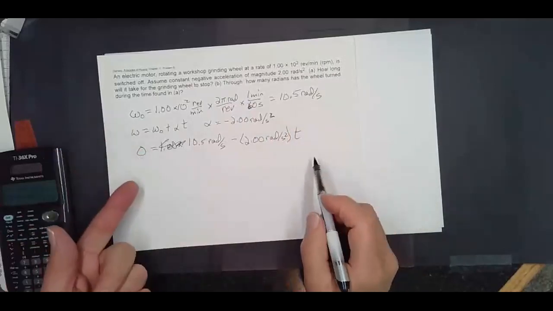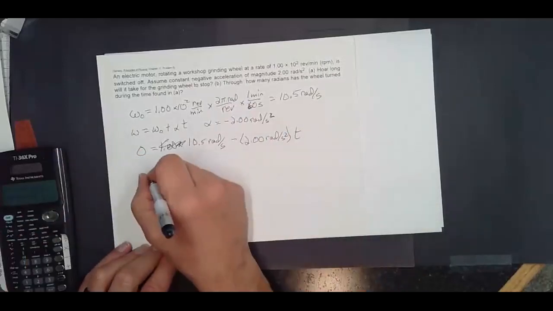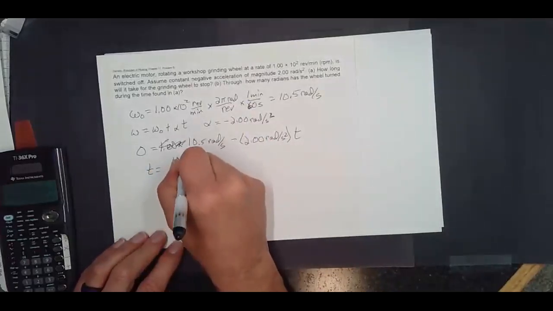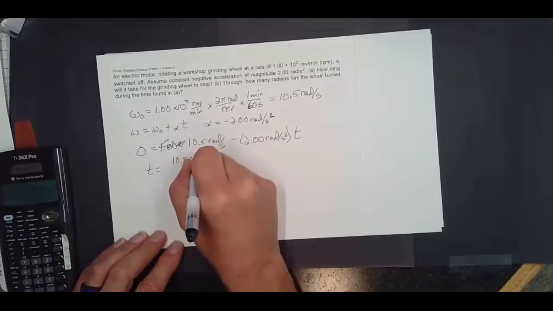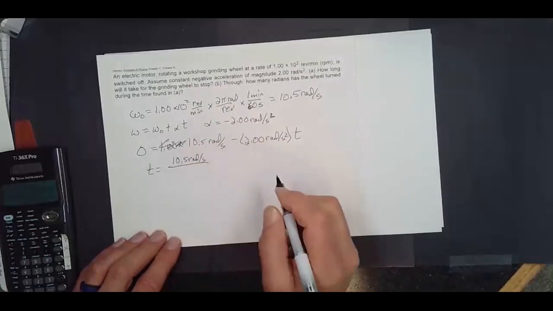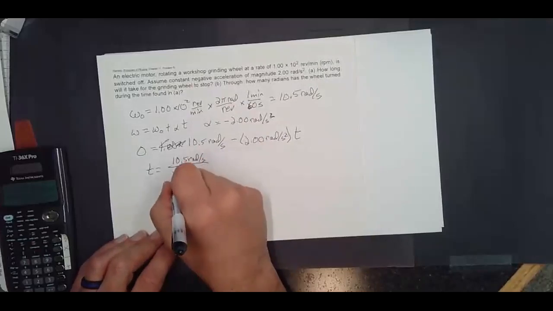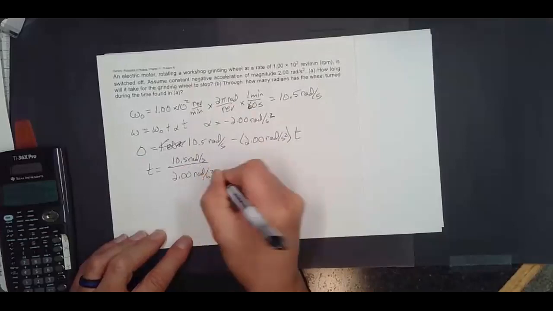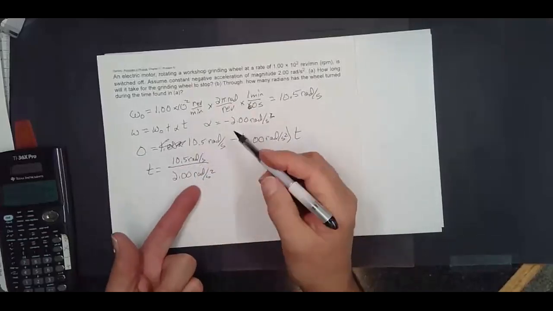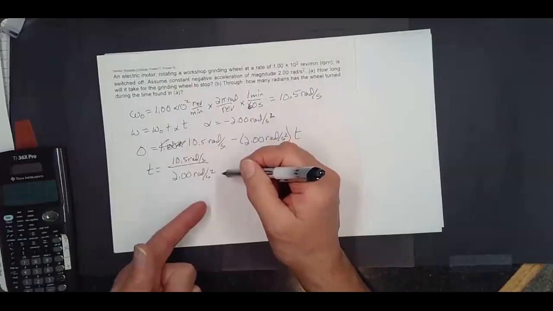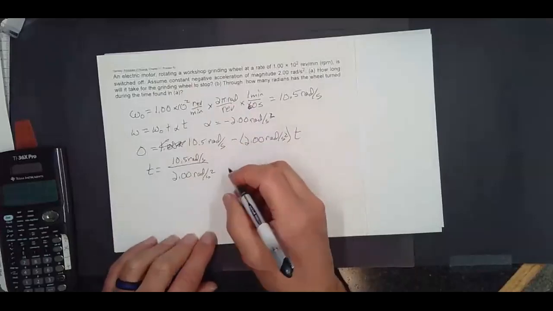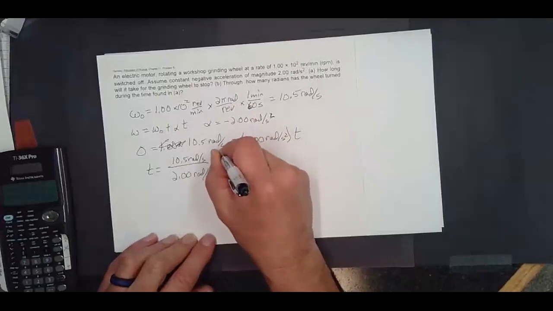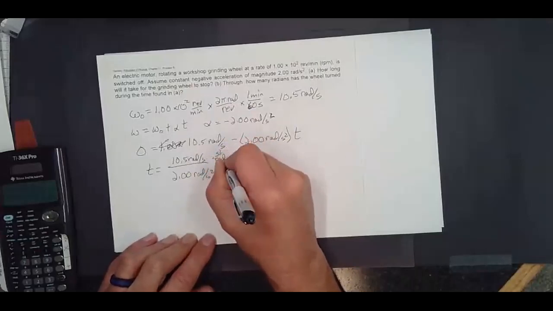And I just have to kick that across, and I'll have t is going to equal 10.5 radians per second divided by 2.00 radians per second squared. Okay, the radians divide out. I'll have 1 over seconds on top divided by 1 over seconds squared on the bottom, or flip it and multiply, and I'll have seconds squared per radian.